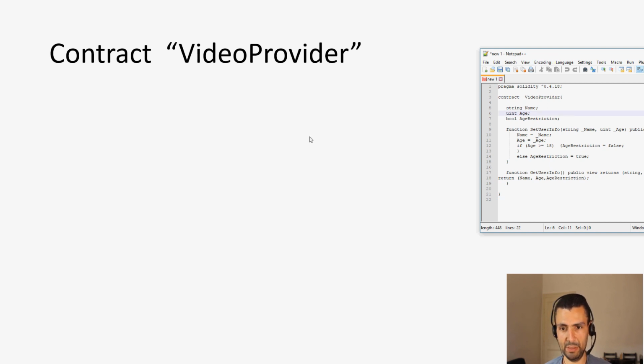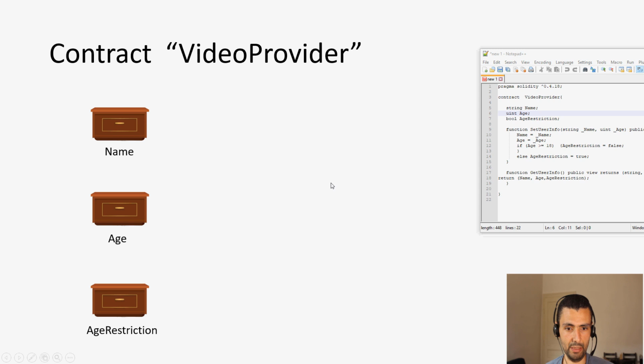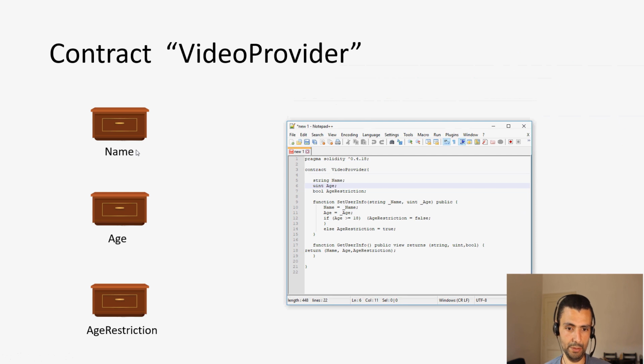Now remember, guys, we talked about data types and how to imagine them as drawers. So for completing this requirement, we'll create 3 different drawers, data types, and we'll give them the name of name, age, and age restriction.